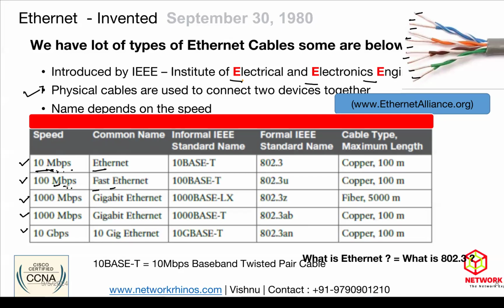Fast Ethernet means 100 Mbps. Gigabit Ethernet means 1000 Mbps and 10 Gigabit Ethernet means 10 Gbps. This is the common name with the speed. The name actually changes with speed.